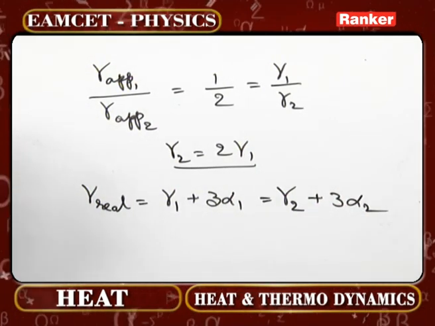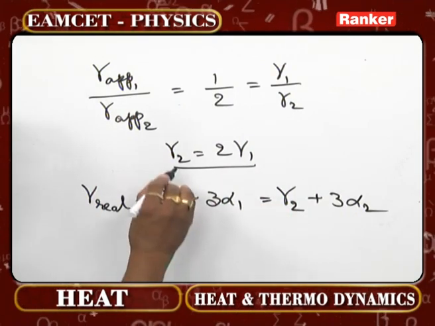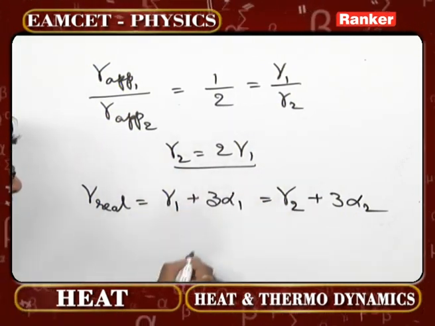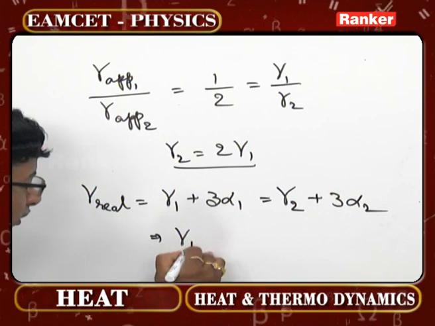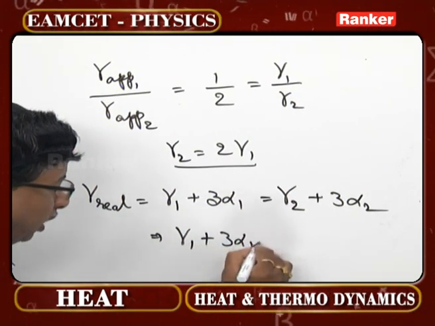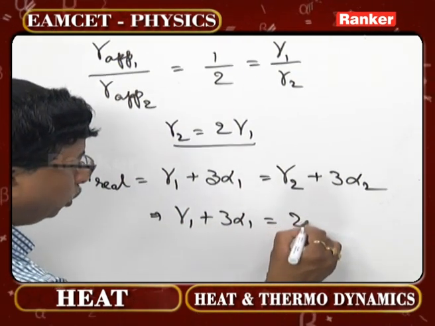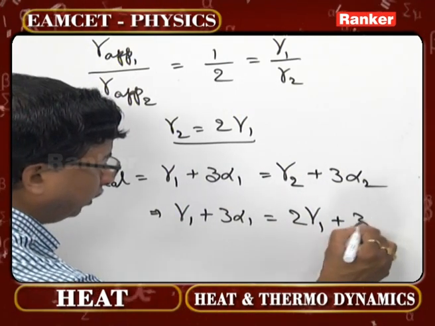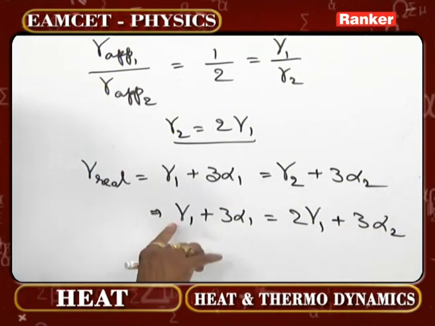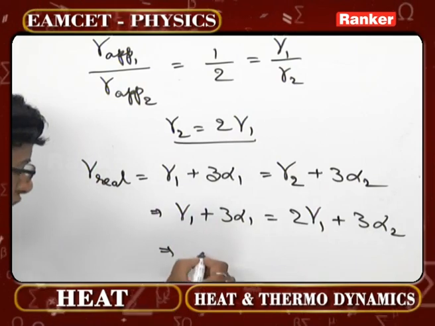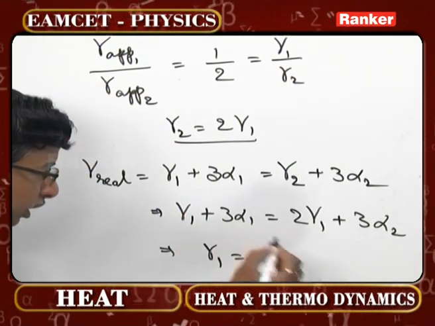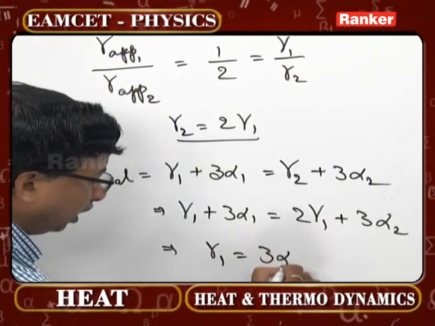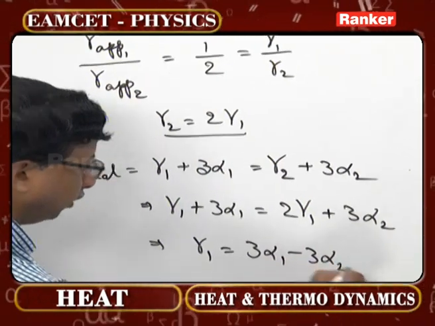Now look carefully at the value of gamma 2. You can write gamma 1 plus 3 alpha 1 is equal to 2 gamma 1 plus 3 alpha 2. Now bring this gamma 1 to that side. You will get gamma 1 is equal to 3 alpha 1 minus 3 alpha 2.